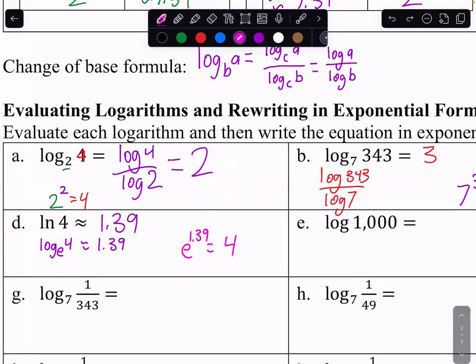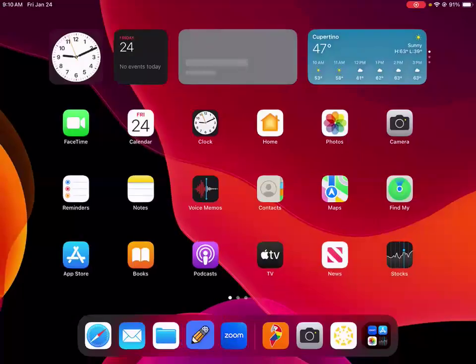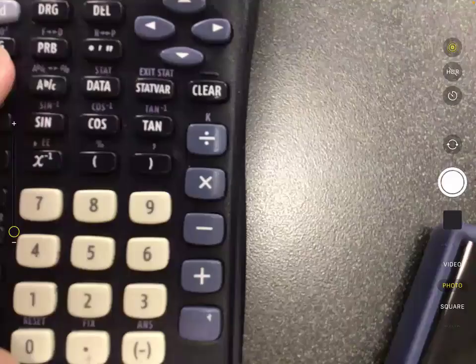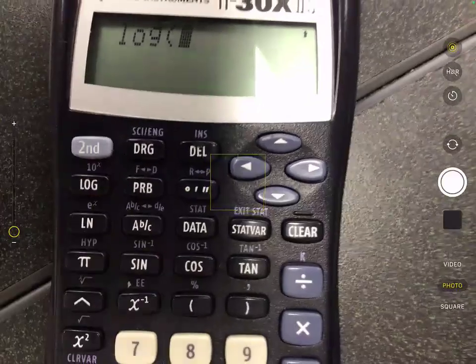Okay, problem E, this one also had an invisible base, but this time, because it's log and not ln, it's invisible 10. But you don't need to do the change of base formula because you've got the common log button, right? This log really means log base 10.